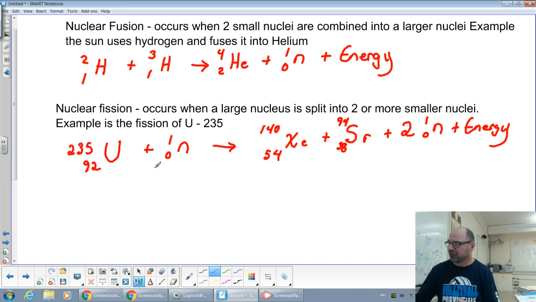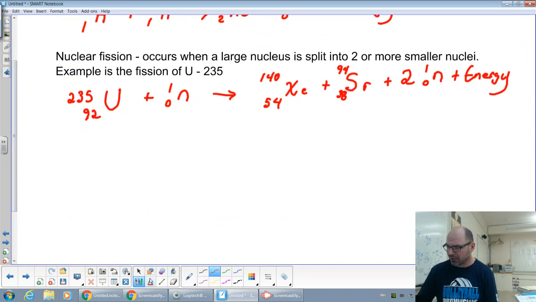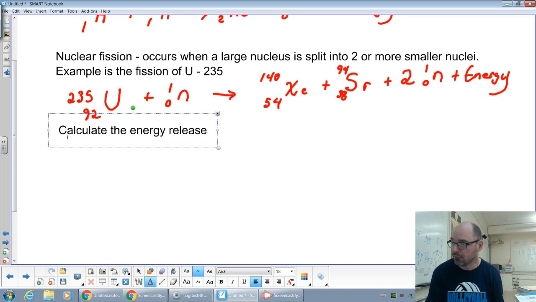So we could do an example calculation using E equals mc squared. How much energy is released by this reaction? What we need to know is the masses of everything here. Okay, we already know what the mass of neutrons are, but if we look up the masses of each nucleotide, so let's calculate the energy released in this reaction.